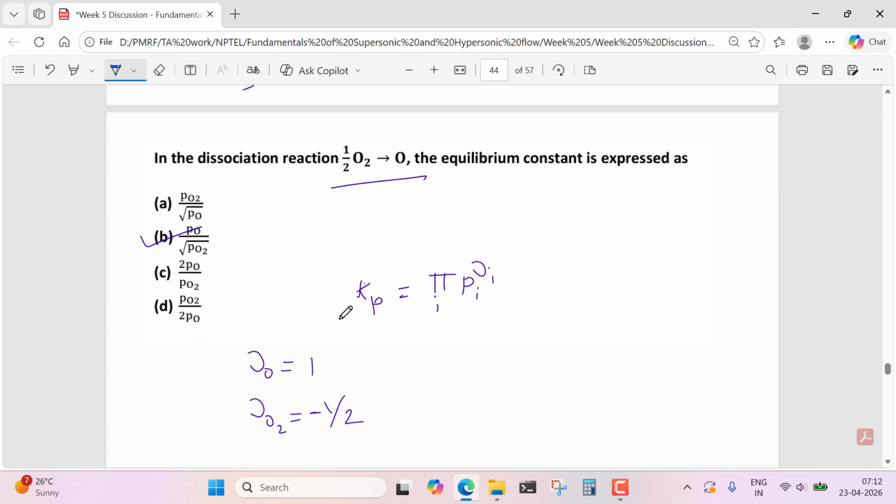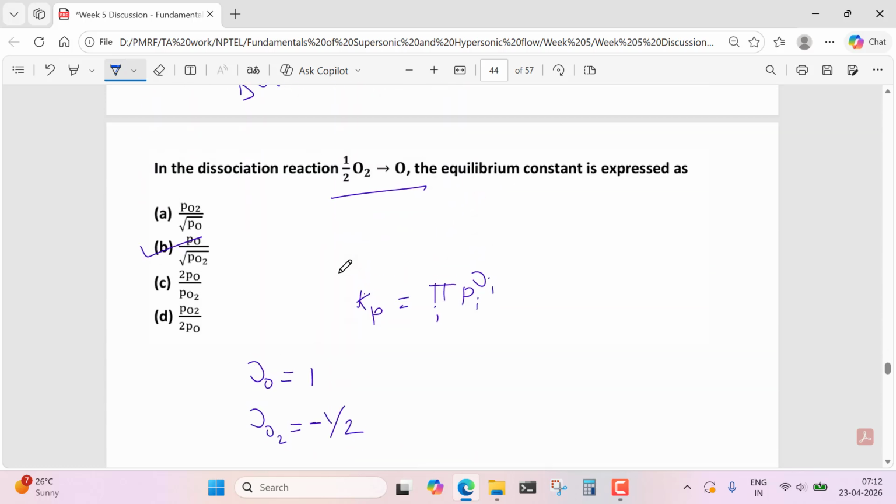So how do we find Kp, the equilibrium constant? It is given by Π_i P_i^(ν_i), so first we have to find the ν. Our reaction is half O2 going to O, so ν_O will be equal to 1 and ν_O2 will be equal to minus 1 by 2.